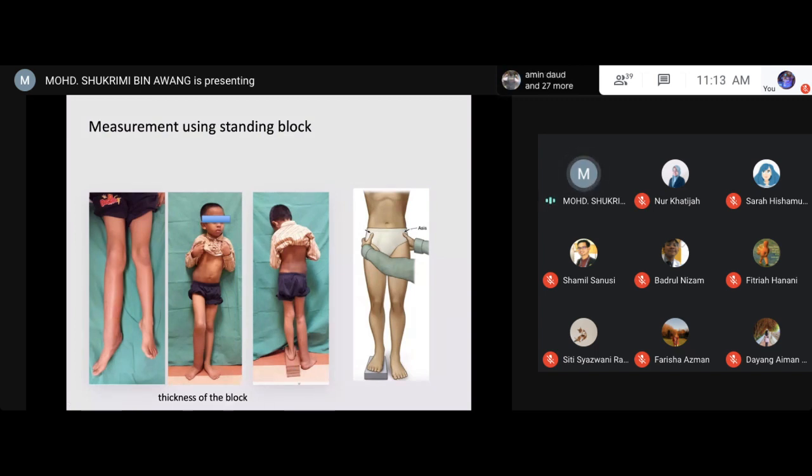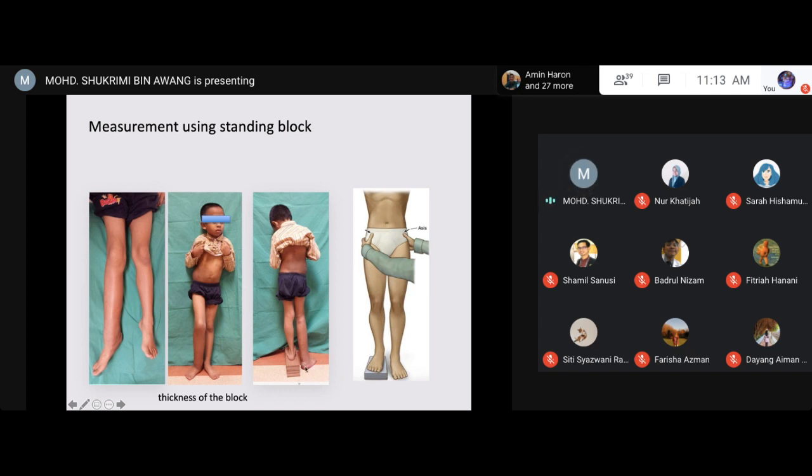In our clinic we have the blocks, usually about 1 centimeter or 0.5 centimeter. So we increase the height until the pelvis is equal. So the limb length discrepancy we measure here. This is more functional because you take into consideration the pathology below the medial malleolus.